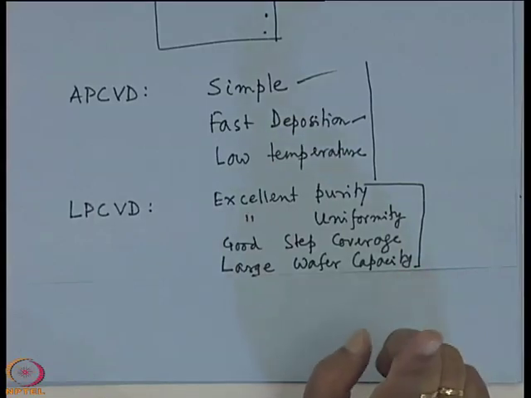Why? Because if the pressure is low, then the temperature must be high to crack the vapors for reaction. Suppose you are using arsine. You have to crack arsine into arsenic and hydrogen molecules. Suppose you are using phosphine. You have to crack the phosphine into phosphorus and hydrogen.